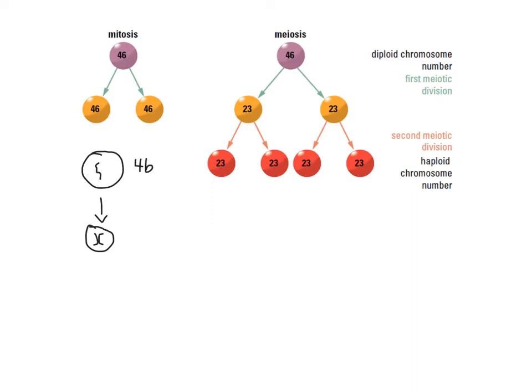So in the first case, I would have 46 singles, I'm going to call them. But once interphase ends, every chromosome is going to double. And so we have 46 doubles, if that makes sense. I'm only drawing one just for simplicity's sake.